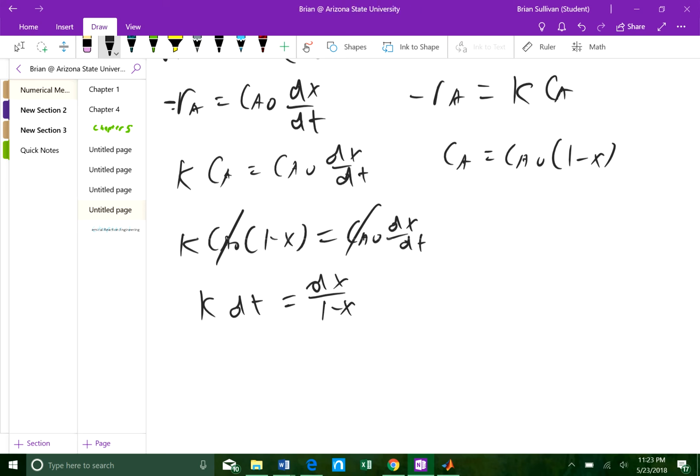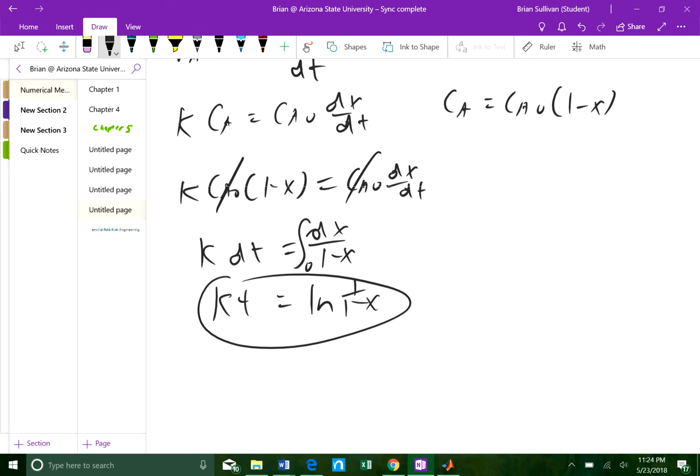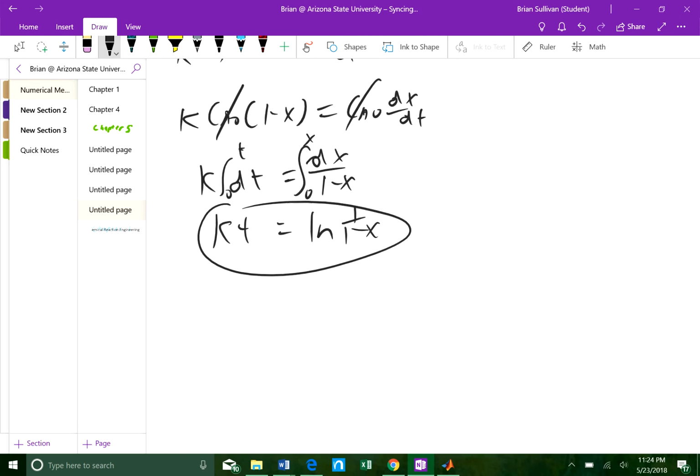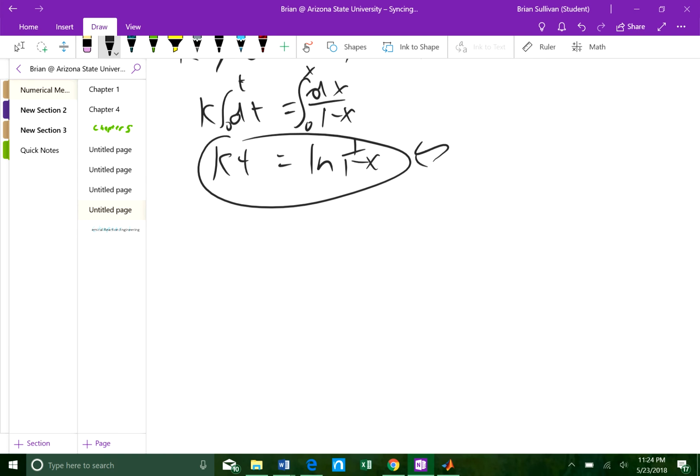So now integration is possible. We can say kt is equal to, and we've already determined the answer to this integral, negative ln of (1 minus X), integrating from 0 to X and 0 to t. Now let's not stop here. We can solve for X as a function of t. Take the exponential of both sides, so e to the kt is equal to 1 over (1 minus X).